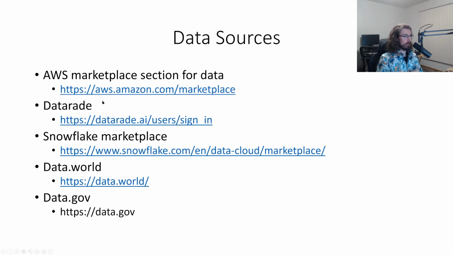So on Data Raid, there's a request data button where you will type out what you need. So you'll say, I need this certain MRI machine. I need it to be on knees. I need it to be anonymized data, and so on, right? And you request the demographic if you want, and you can request where the data comes from, and so on.